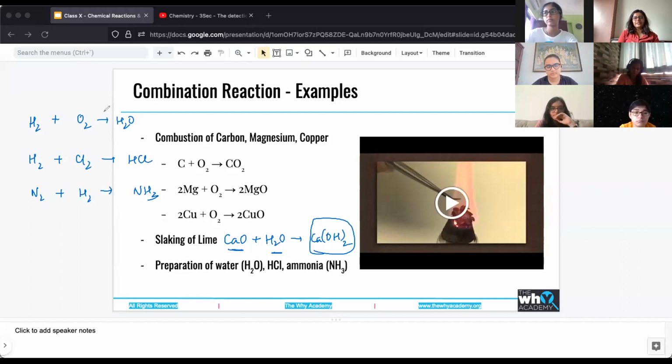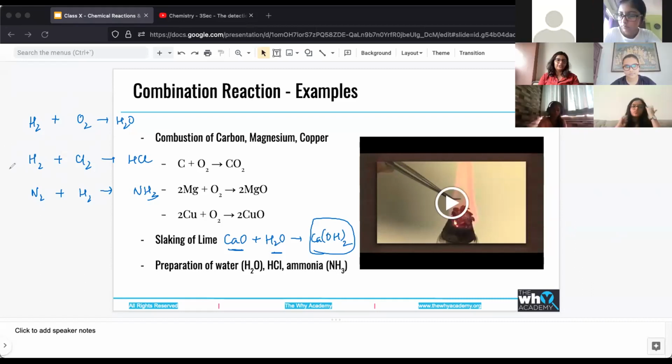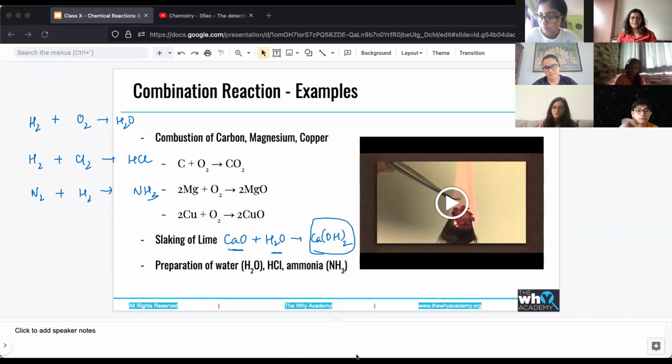Arya, can you balance the first one? Crystal, you take the second one, the HCl reaction. Tell me what should be the balanced equation. And who will take the third one? Kashvi, do the third one, the ammonia equation. Give me the final one. Gautam, you can send it on chat, but don't send it to everyone.